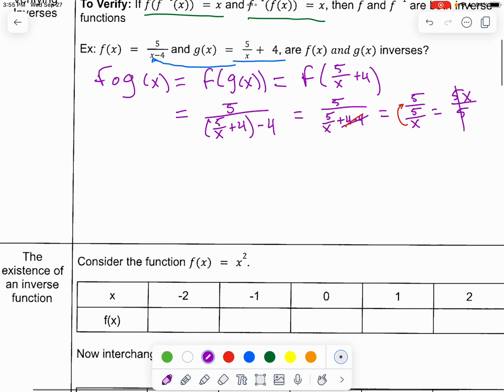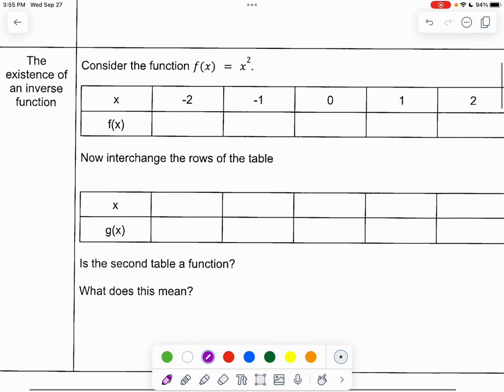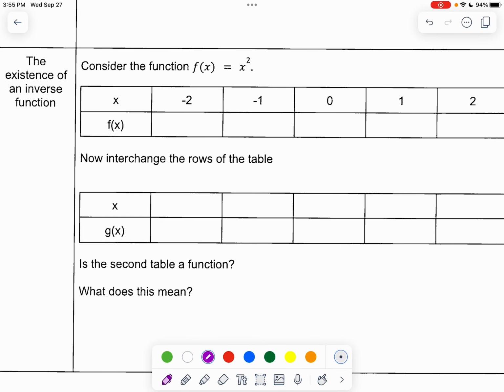Moving on. Another way to verify the existence of an inverse is to plot values. We have the function x squared, so we're going to fill in the table. Negative 2 squared is 4. Negative 1 squared is 1. 0 squared, 1 squared, 2 squared, 4. So I'm just filling in the table.